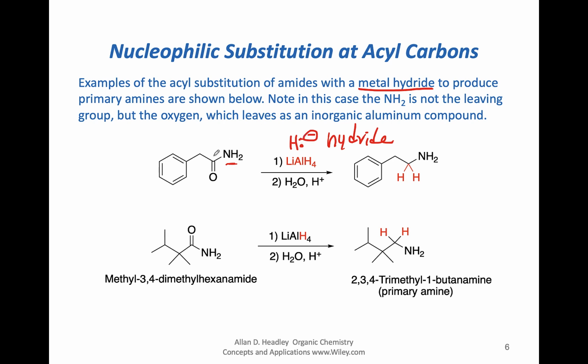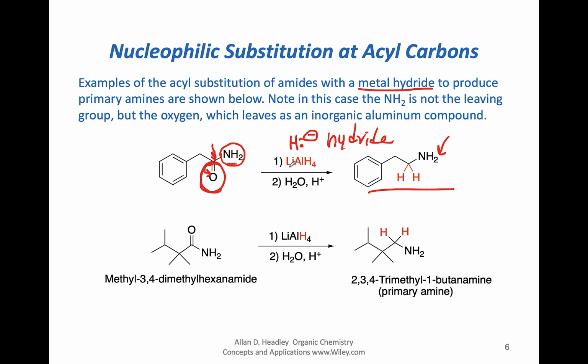So it comes in here, as you can imagine, and it would like to kick this out, but the product that's actually isolated is the amine, a primary amine, so the nitrogen remains. As you will see in the text, the hydride comes in here, these electrons swing out, eventually this O leaves and combines with the aluminum to form a compound.